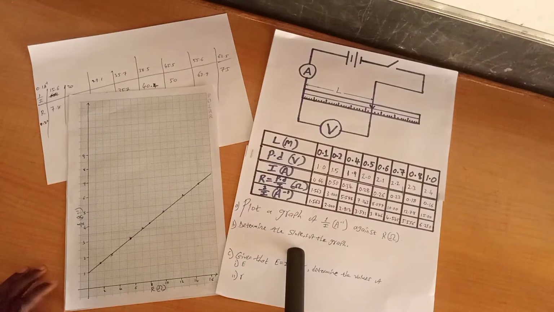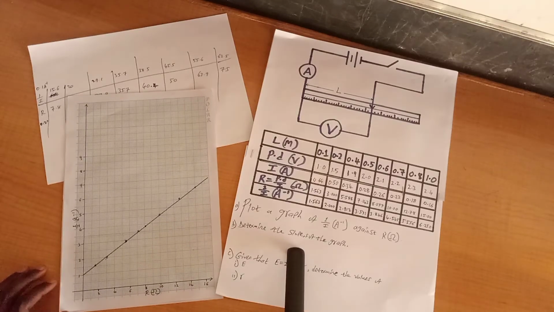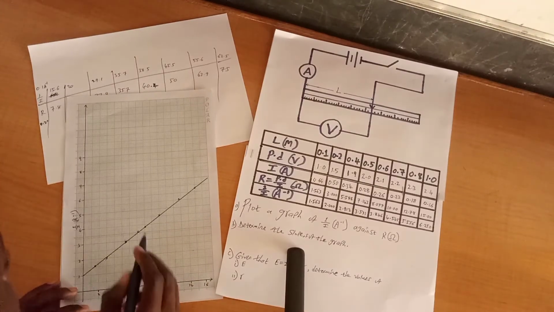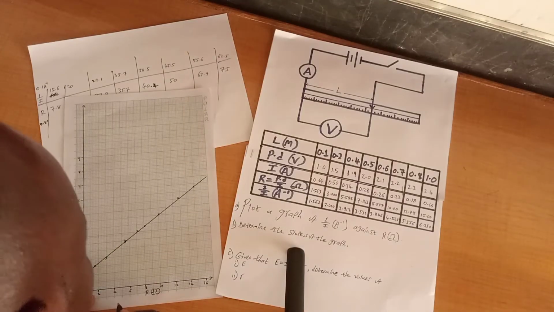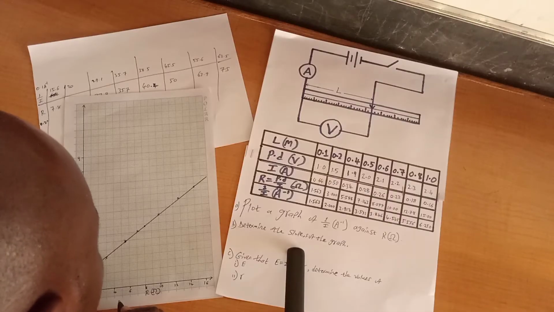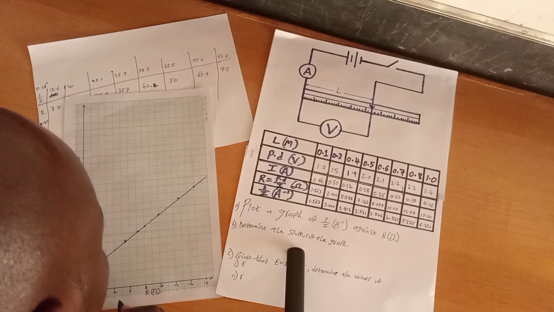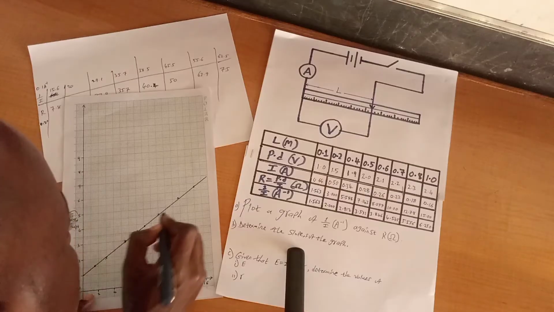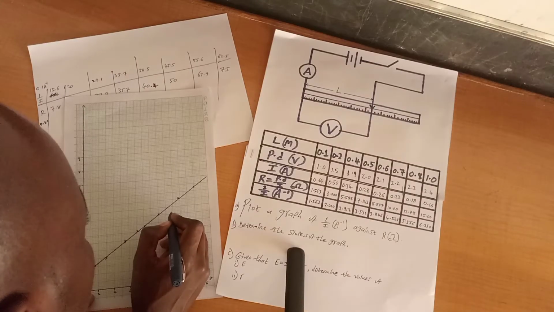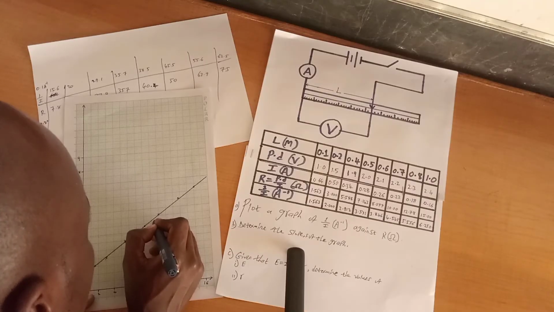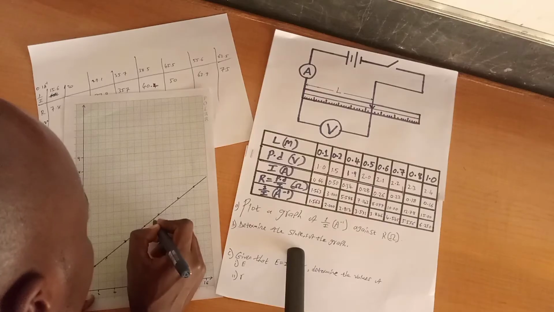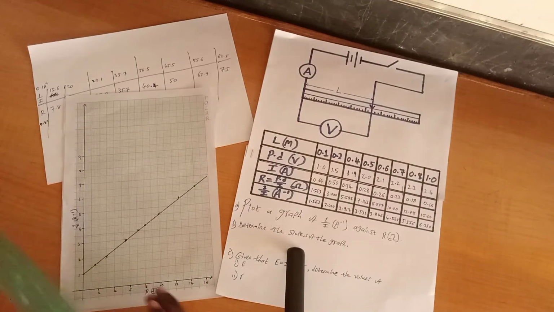So for the slope of the graph, we can pick any two readable points to find the slope. Maybe we can take this point here, and the other readable point here.